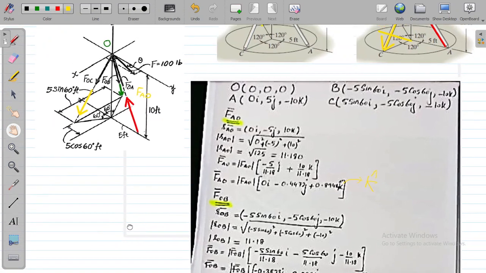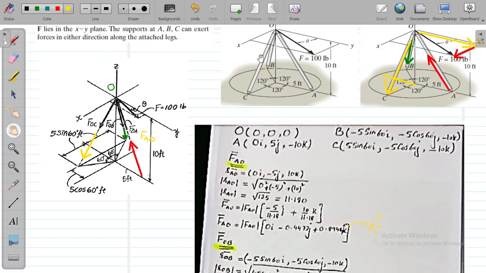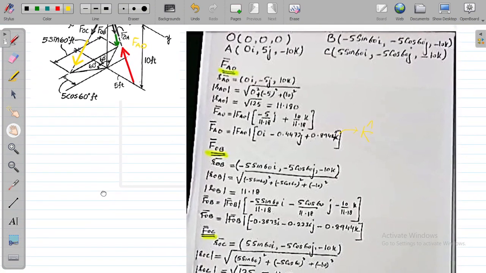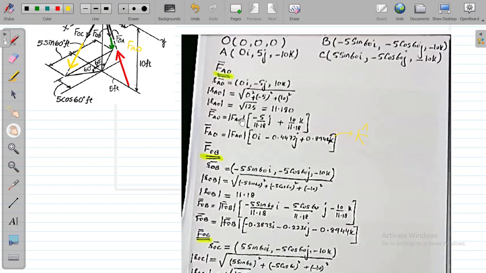Now we are interested in calculating the force FOC. Again we know the coordinates of FOC. This is O and this is C. It will be 5 sin 60i minus 5 cos 60j and minus 10 minus 0k. So it will be 5 sin 60i minus 5 cos 60j minus 10k.